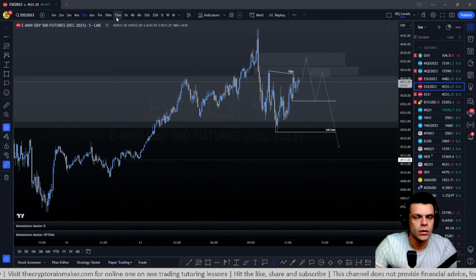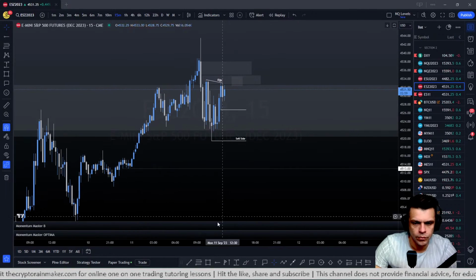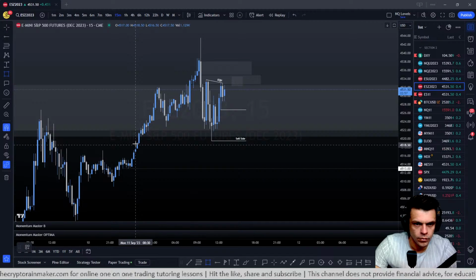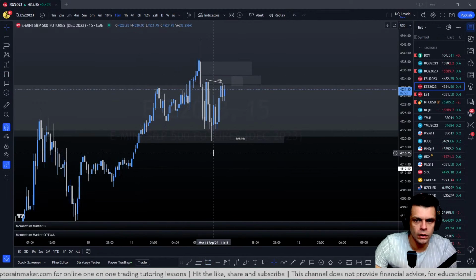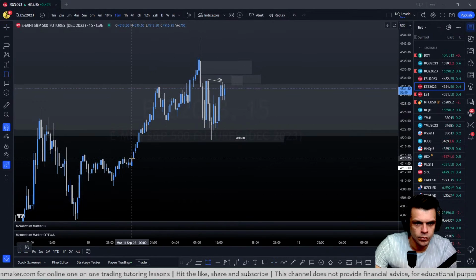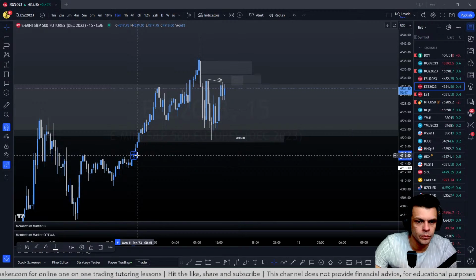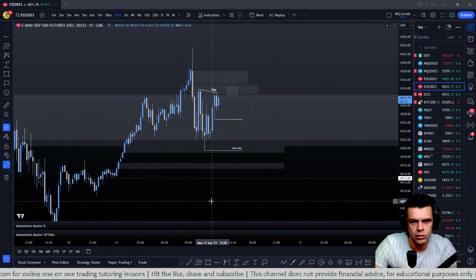Equal highs. Want to see if there's any fair value gaps. So accurately it came into this fair value gap, then started to move away from it. Another one right there. And this is significant. This is on the 15-minute.